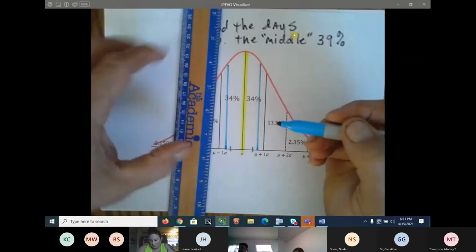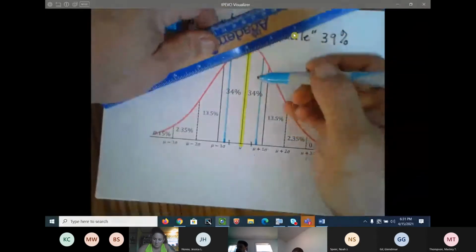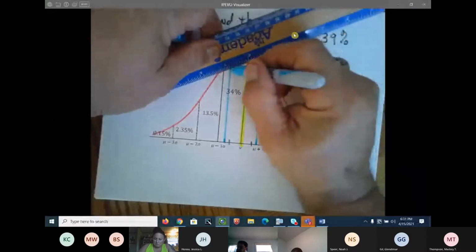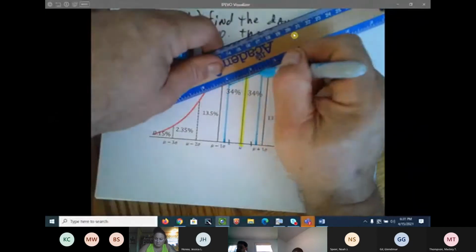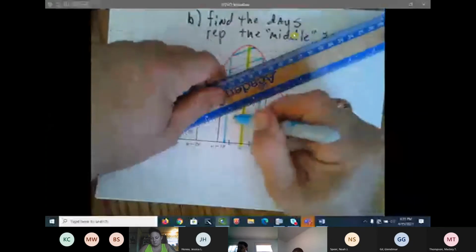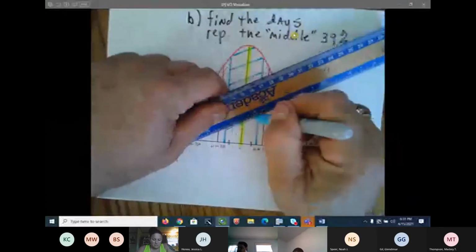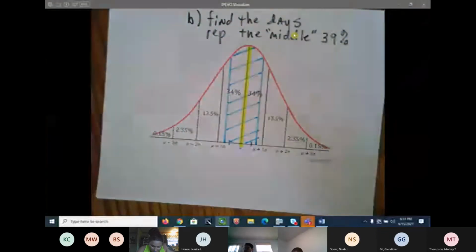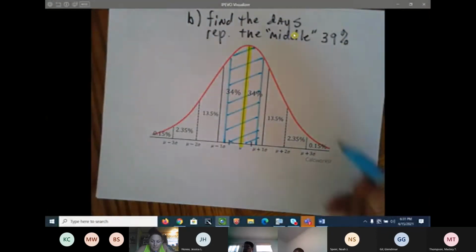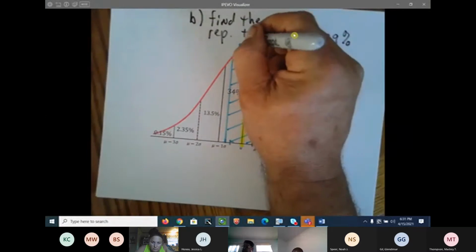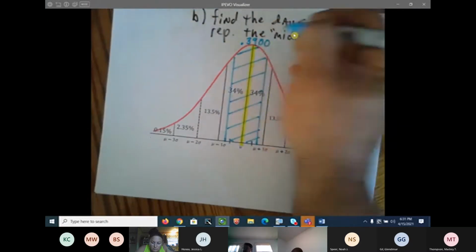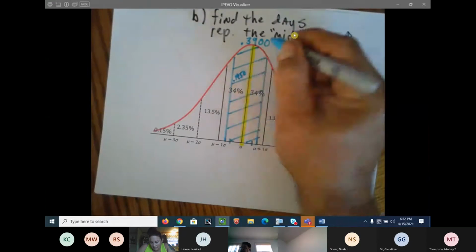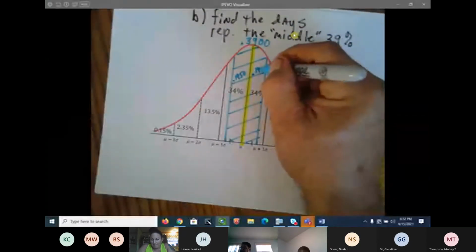And that's going to be my 39%. So my blue is 0.3900, and one side is 0.1950, and the other side is 0.1950.